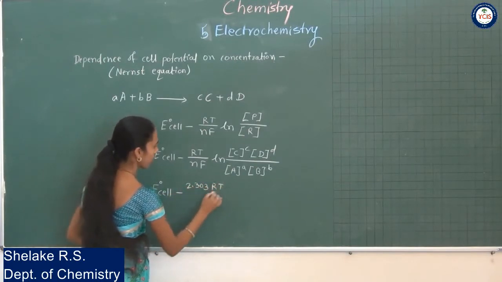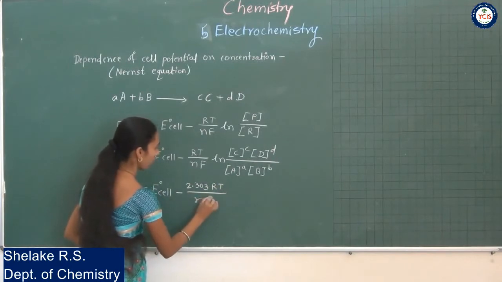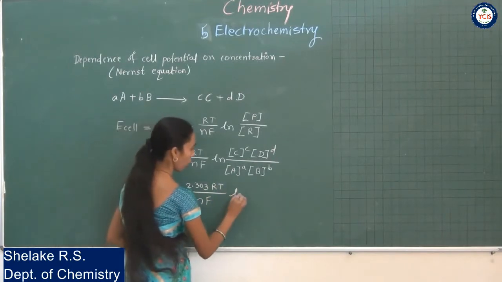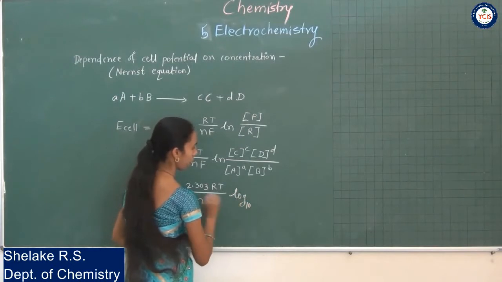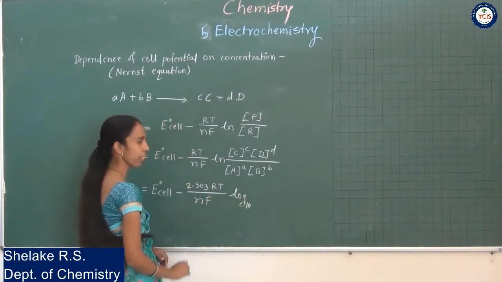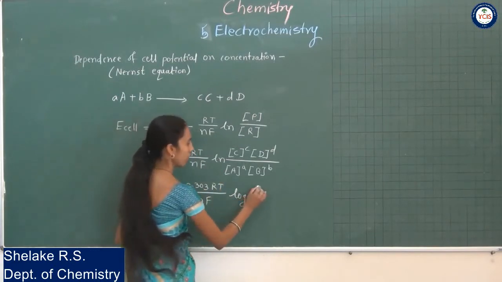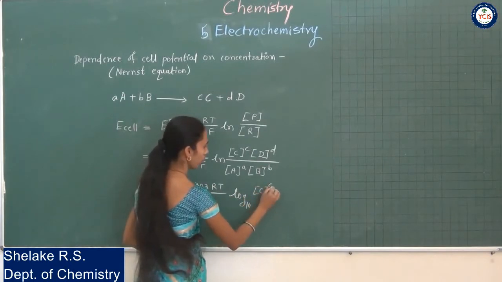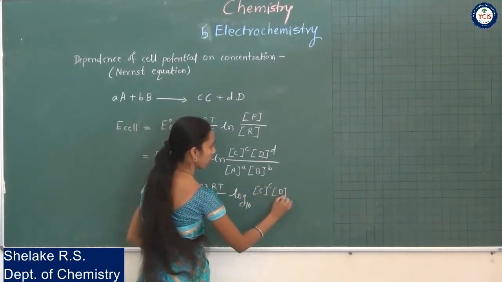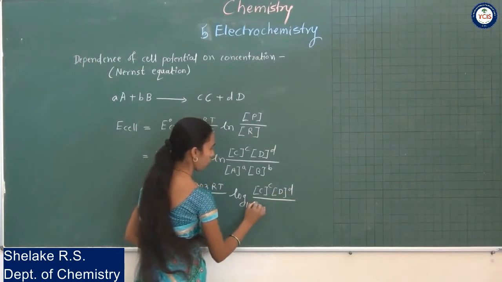So it becomes 2.303 RT divided by NF, log to the base 10, of the concentration of product divided by the concentration of reactant.